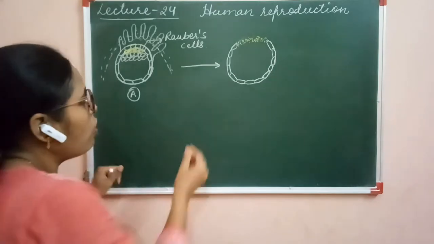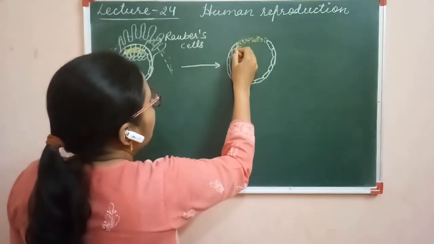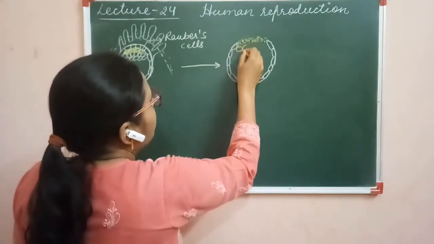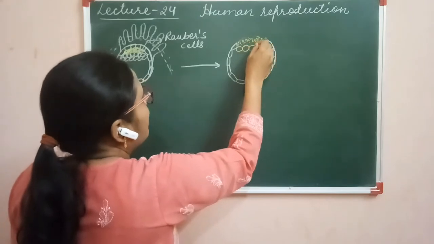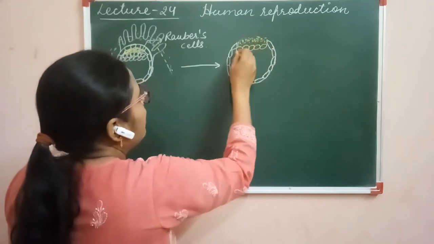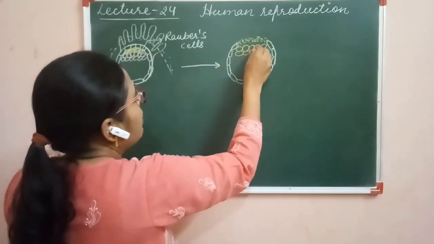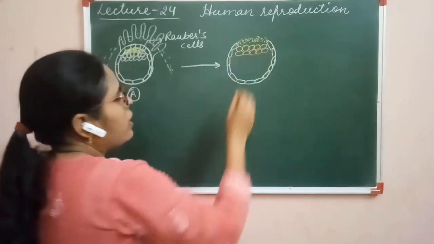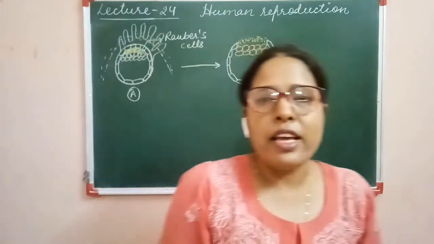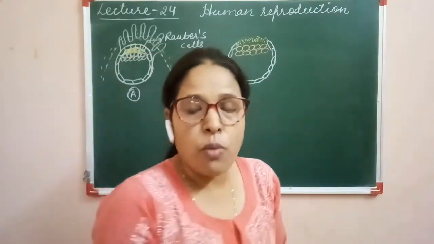Clear? So these are the cells of embryo which get arranged in a layer form. Here they are present in a randomly amassed form, and here the cells are arranged in a layered form. Clear?